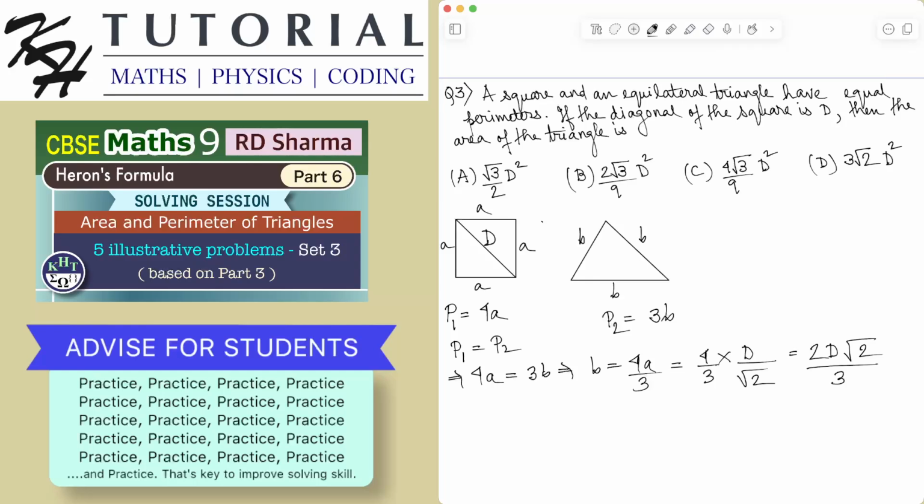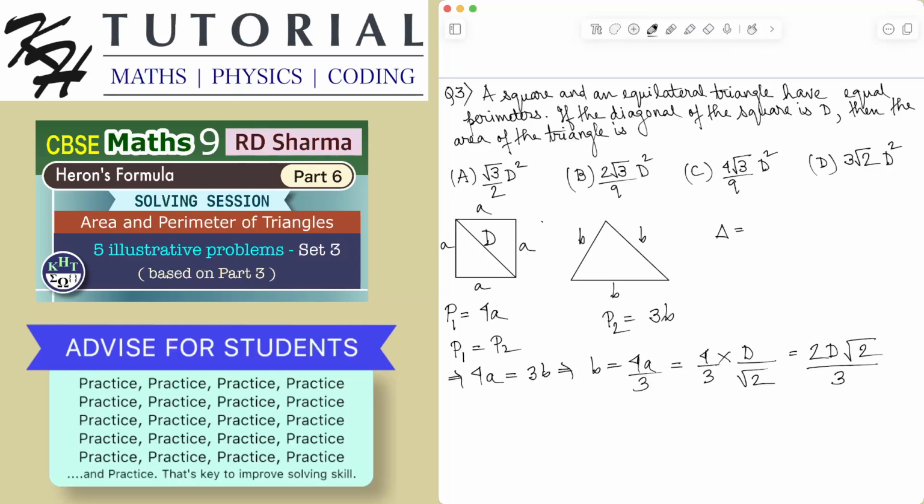Okay, this is small b, that is the length of each side of the equilateral triangle, which is 2d square root of 2 divided by 3. So then the area of the equilateral triangle is conventionally denoted with the delta symbol.